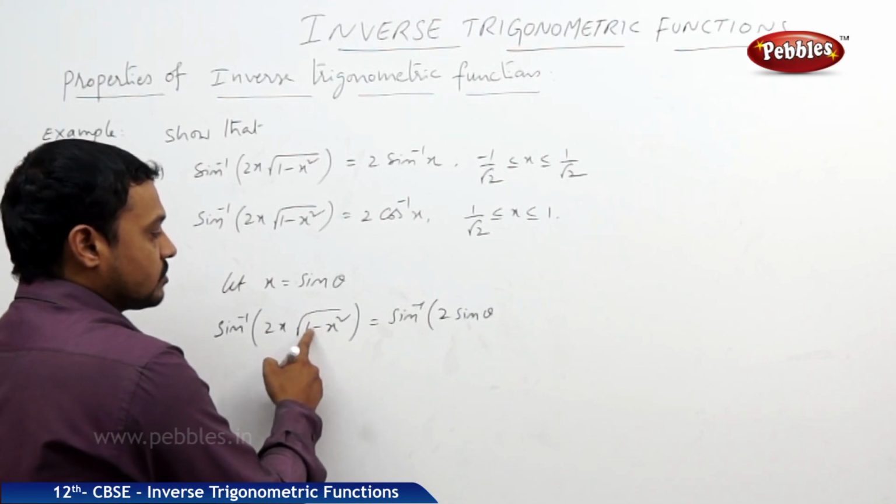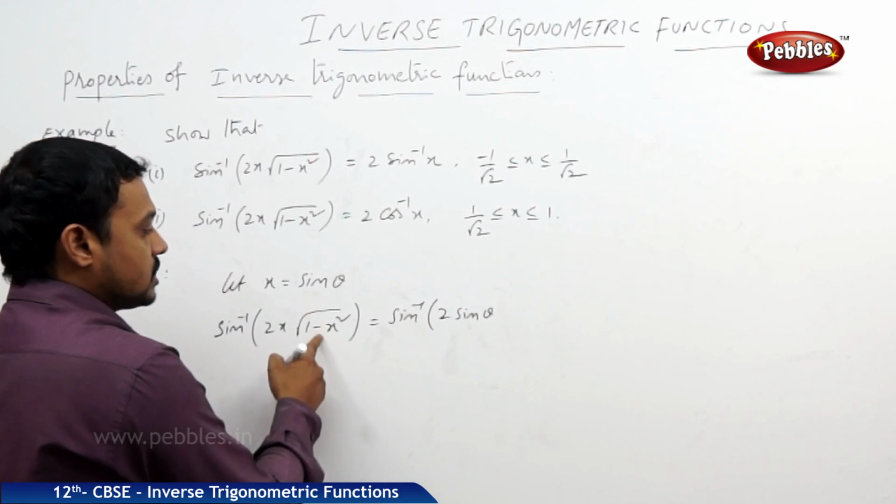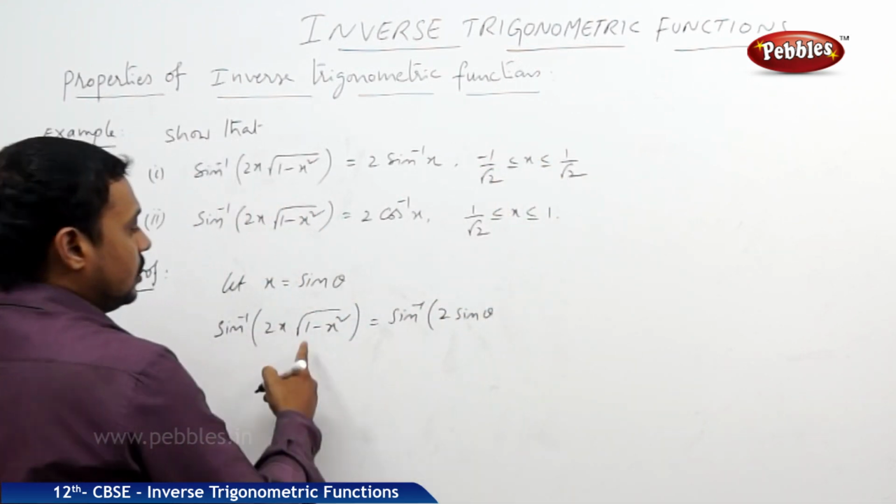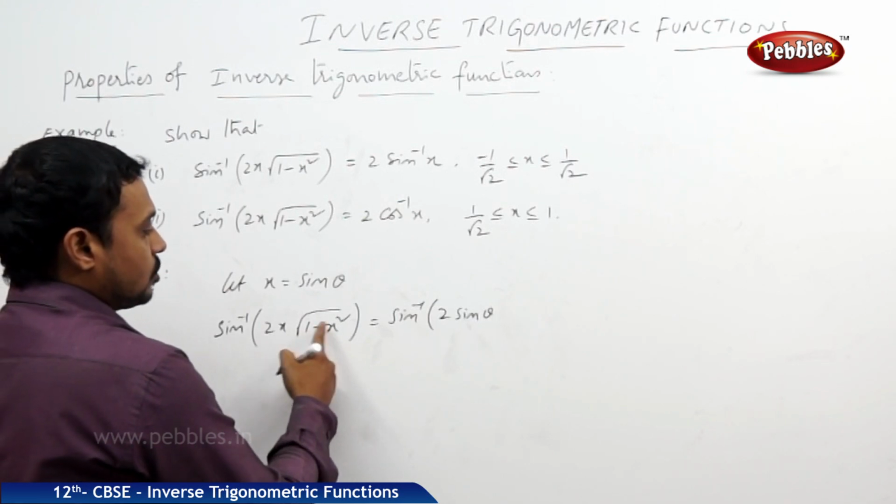Root of 1 minus sin² θ is root of cos² θ, which is equal to cos θ under this domain.